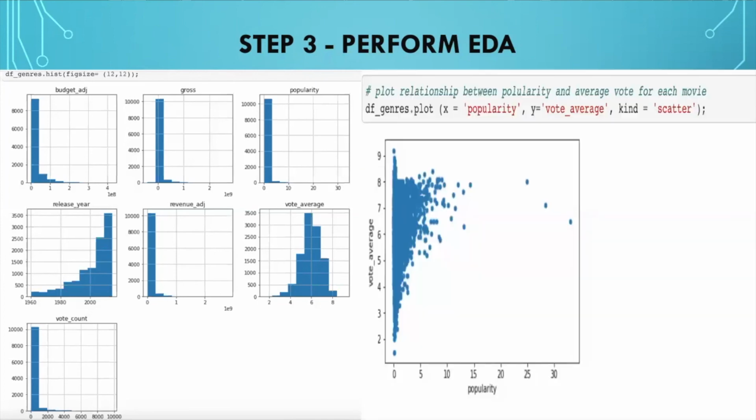And then you can see the second one. You can also plot the variables to see their relationships. For example, from the plot, we can see that there is no clear linear positive relationship between a movie's popularity and its vote average. So exploring can find the patterns and visualize the relationships in your data.